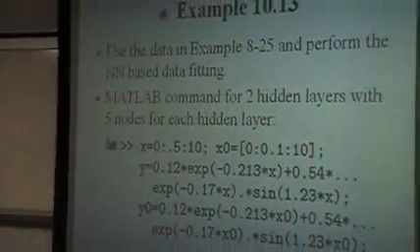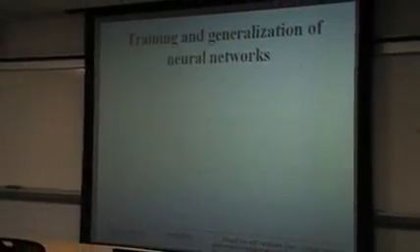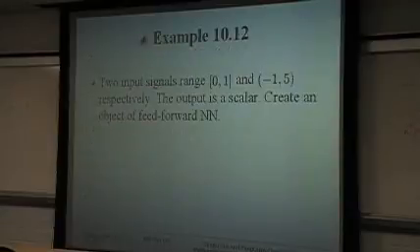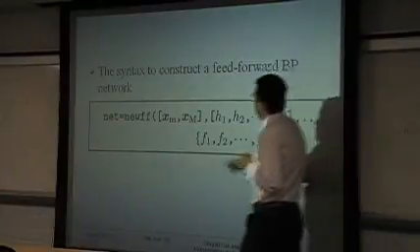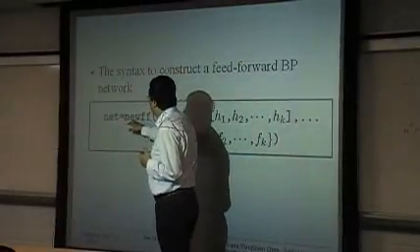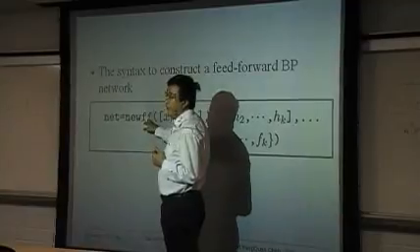To establish a neural network, the function we have to use is something like this. net equals newff, which means feed forward.